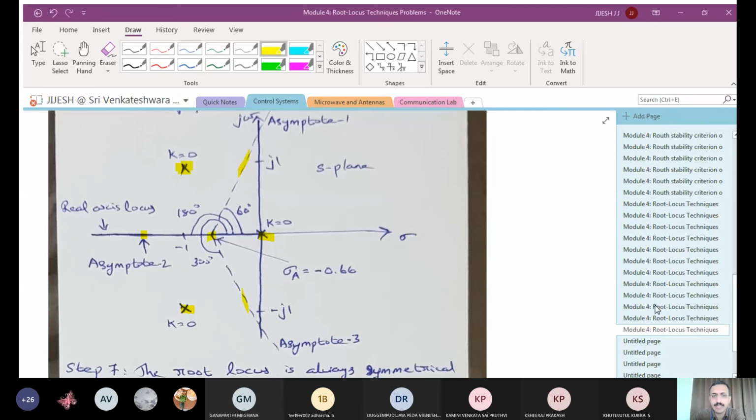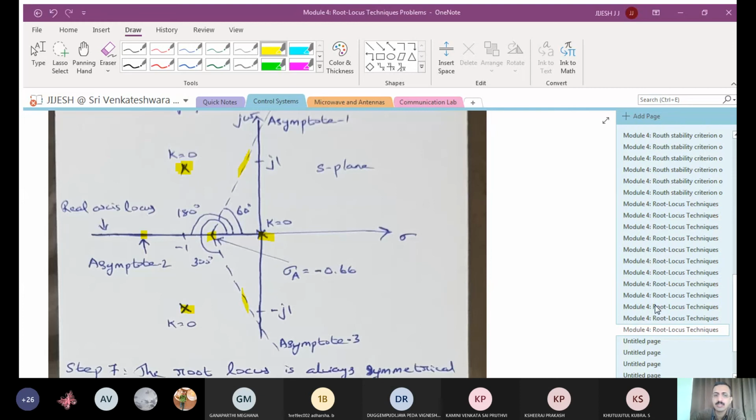So let phi d be the angle of departure of the complex pole. Draw the vectors from the other poles and zeros to this pole whose angle of departure is being evaluated. So you need to find phi d, the angle of departure of the complex pole given as s is equal to minus 1 plus j1.